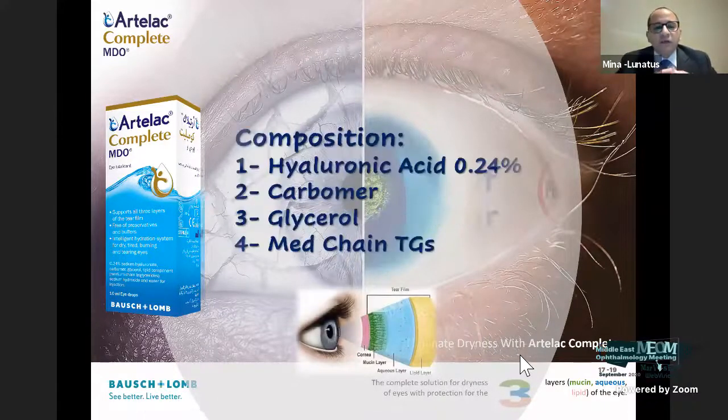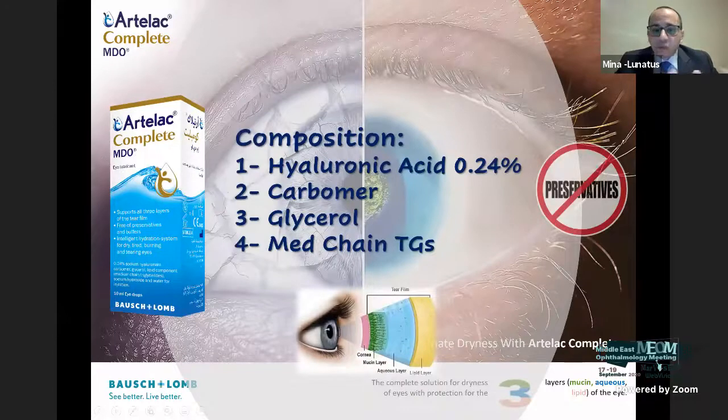Also, Artilac Complete is composed of hyaluronic acid 0.24% to support the aqueous layer of the tear film, in addition to carbomer to support the mucin layer to improve the bioadhesion, and glycerol plus medium chain triglycerides to support the lipid layer and reduce evaporation, and also Artilac Complete is preservative-free and buffer-free.